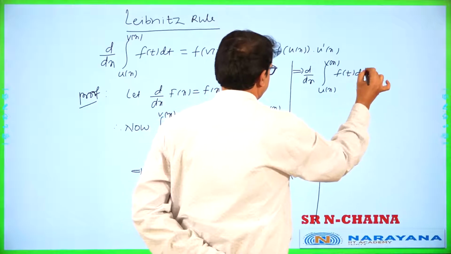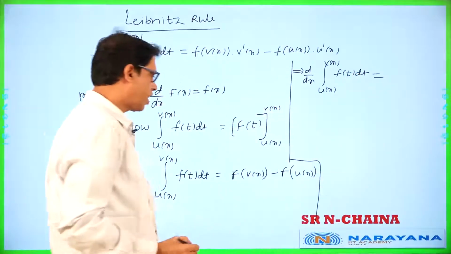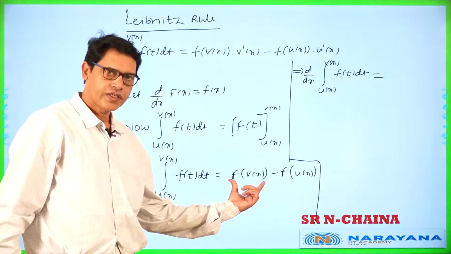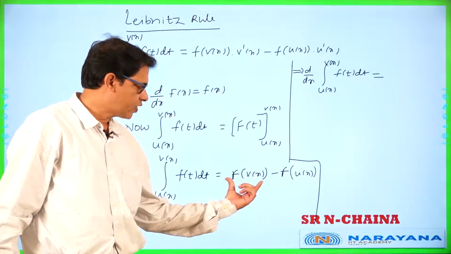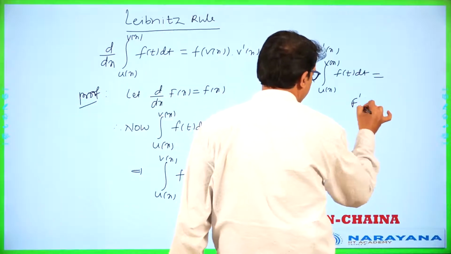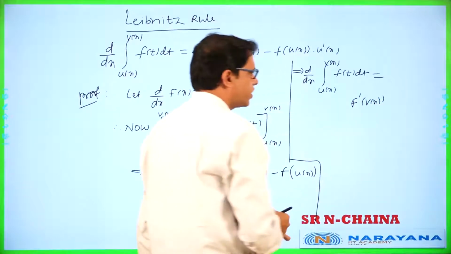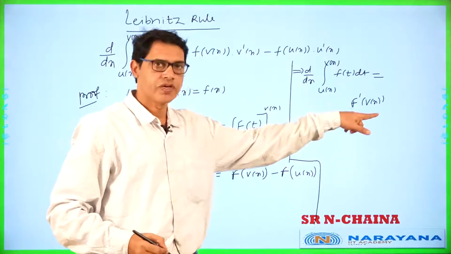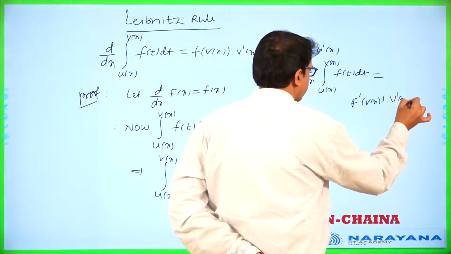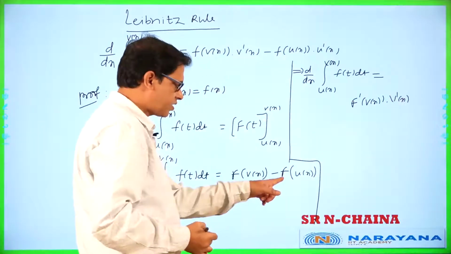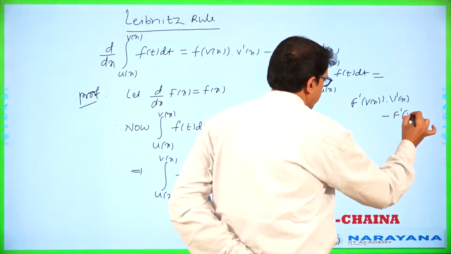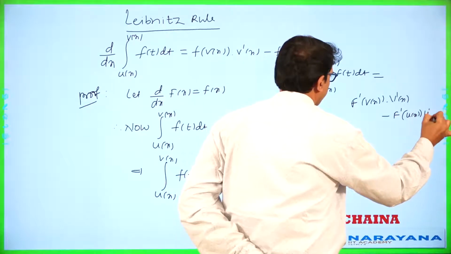equals, now look at the RHS. The derivative of capital F of v of x, a composite function, equals F dash of v of x, again the derivative of the inner function, which is v dash of x, minus F dash of u of x into u dash of x.